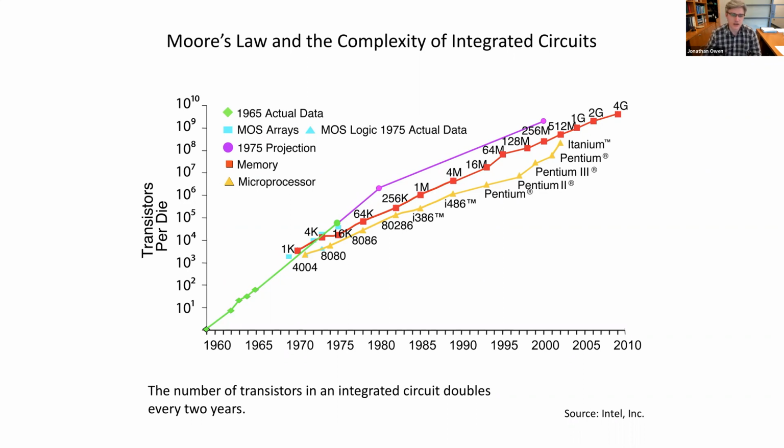And so there's this thing called Moore's Law that was coined by Gordon Moore. He was a Caltech undergraduate and started IBM, I believe, or Intel, I've forgotten. And he basically made the statement that the number of transistors that you're going to put into a computer chip or on a die, as it's labeled here, was going to double every 2 years.